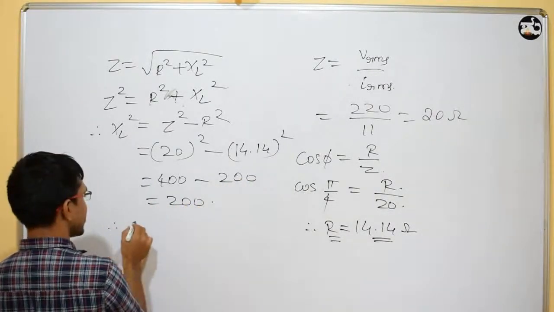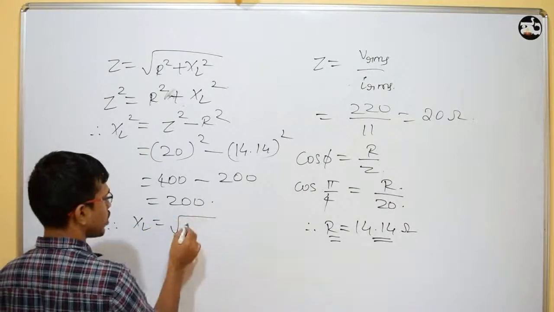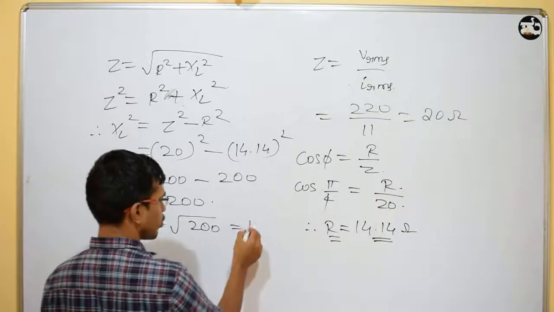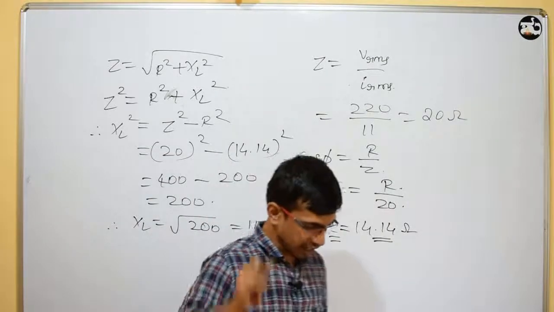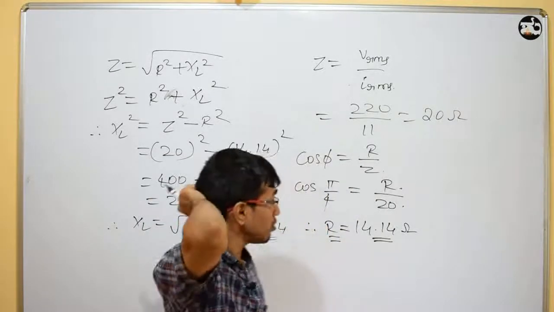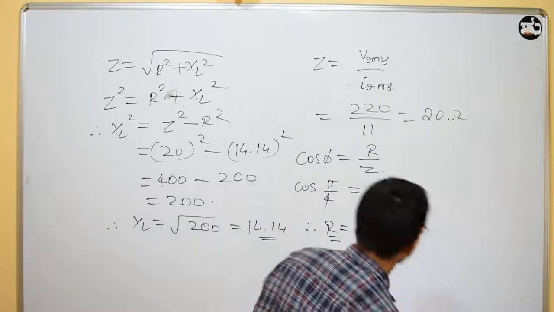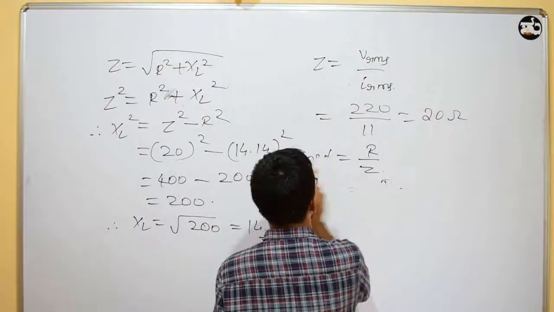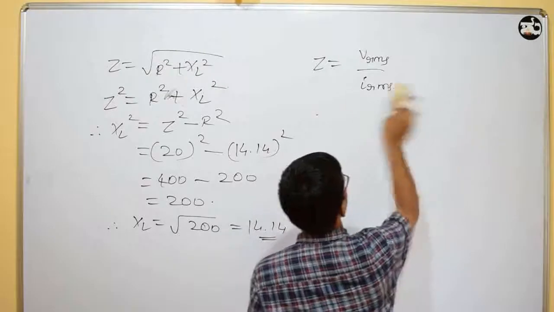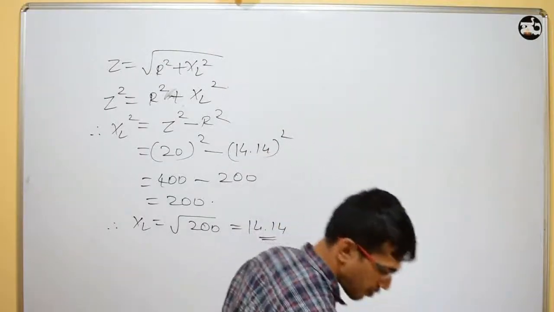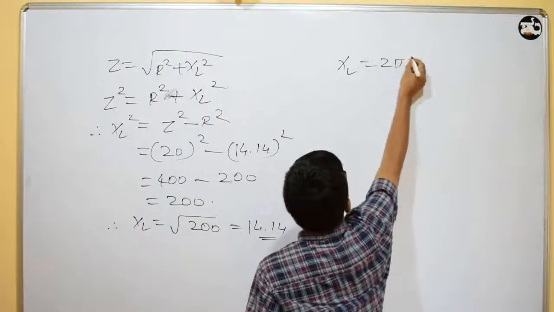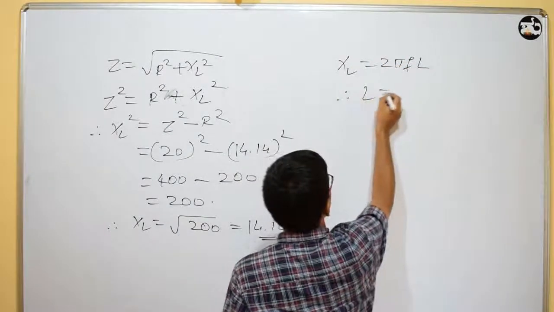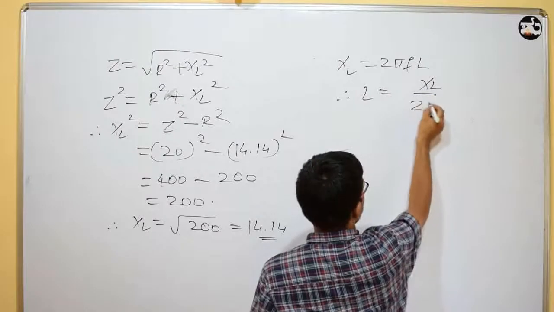So XL is equal to square root of 200, which is 14.14 again. Now it's very easy to calculate the value of L. XL is equal to 2 pi f L, so L is equal to XL divided by 2 pi f.